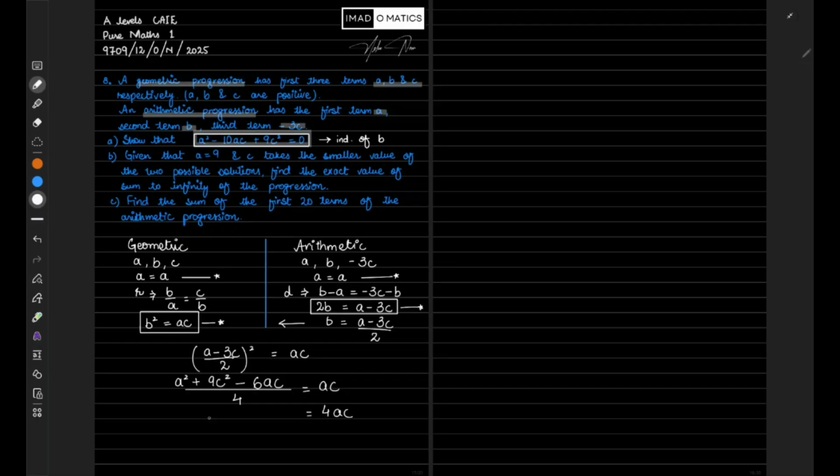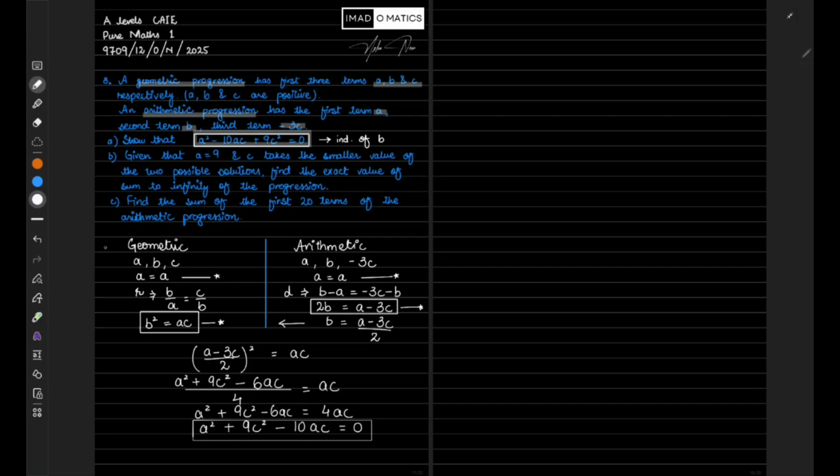Taking 4 to the other side, and then A square plus 9C square minus 6AC, taking 4AC on the other side, will give you A square plus 9C square minus 10AC equals 0. So we have proved this by using the arithmetic and geometric formulas.